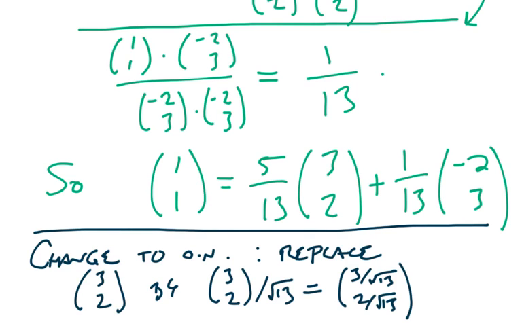And do the same thing with negative 2, 3. And then you will have an orthonormal basis, which is really quite nice. So the hard part is orthogonality. Once you have an orthogonal basis, it's really easy to generate an orthonormal basis from it.